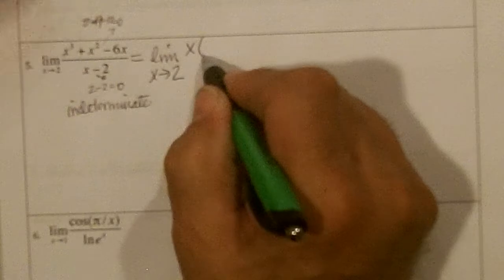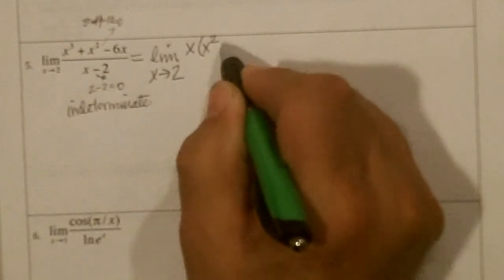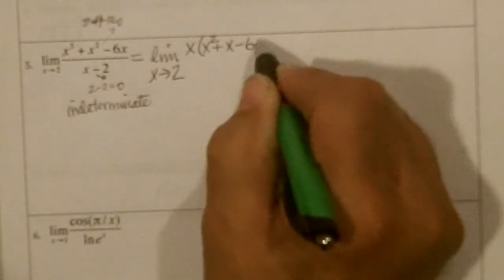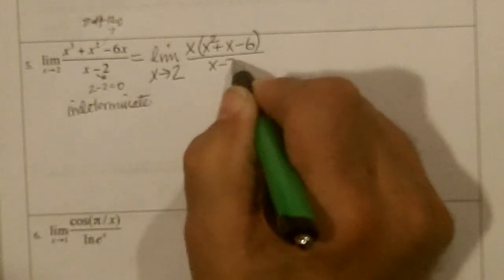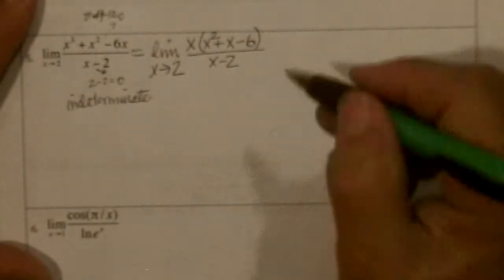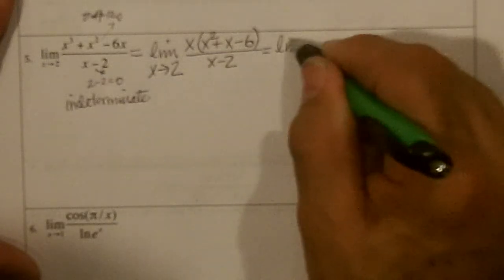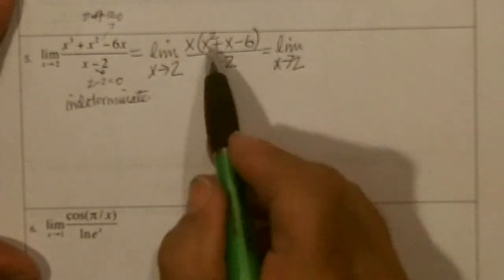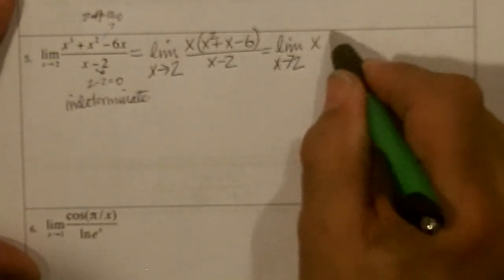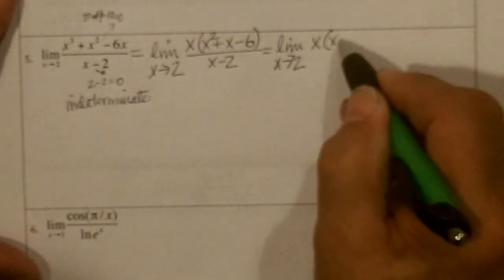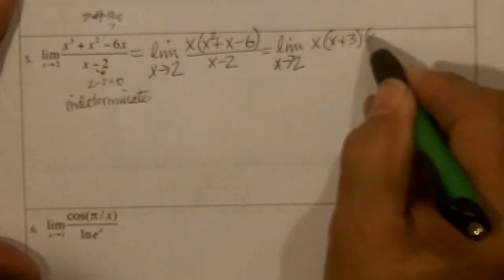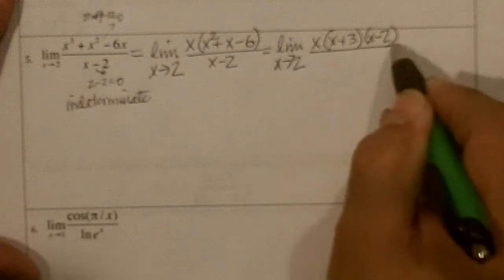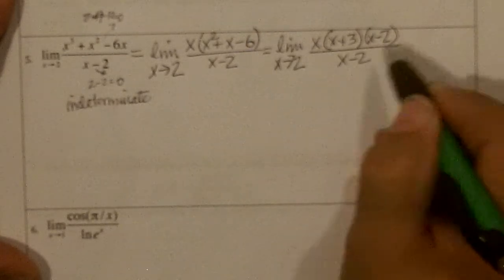So now, we're going to factor the numerator. There's an x in all of them, so I'm going to take that out, and I'm going to have x squared plus x minus 6 over x minus 2. So let's continue factoring. So we have x times x plus 3 and x minus 2 over x minus 2.